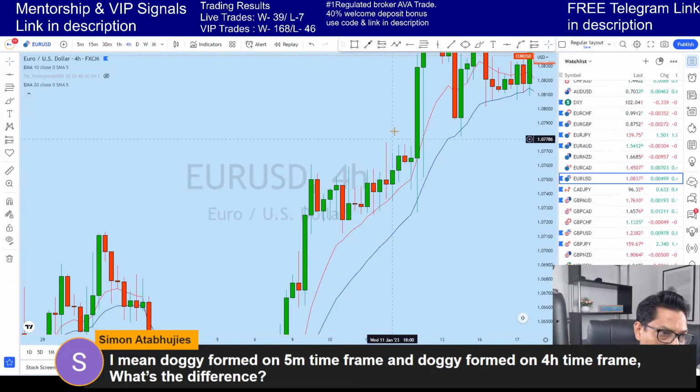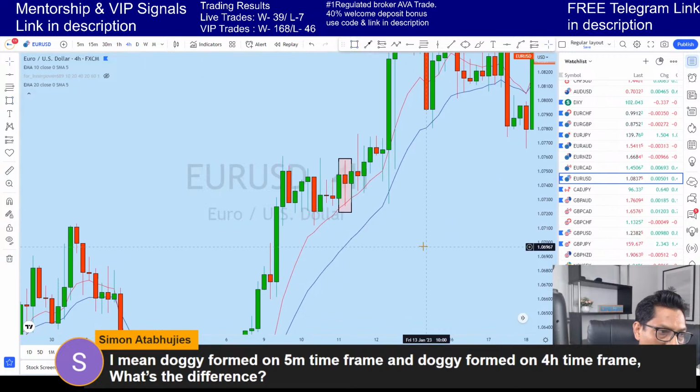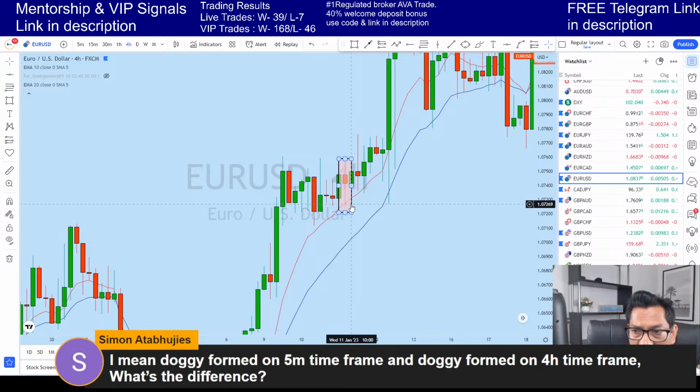Let's assume that this one is a very powerful doji. Now this doji carries a lot of weight. Why? Because this doji has a full session's volume in it.